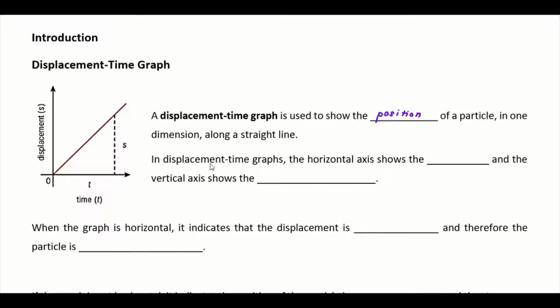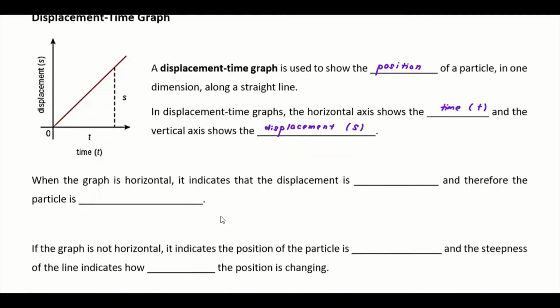In a displacement time graph, as shown here, the horizontal axis shows the time, with the short form t. The vertical axis shows the displacement, which is represented by s. These are some special situations where you will see the graph.